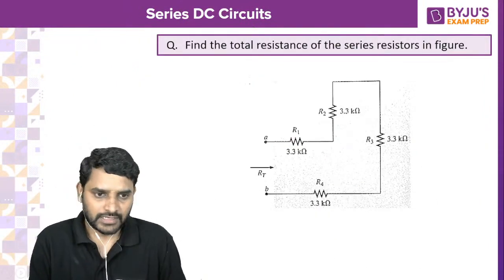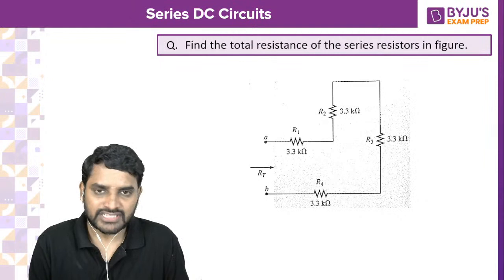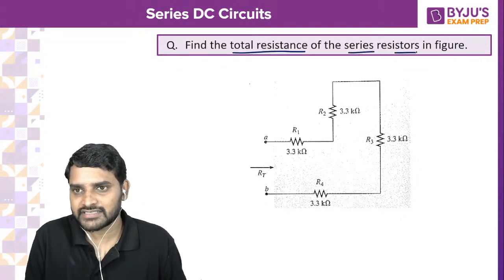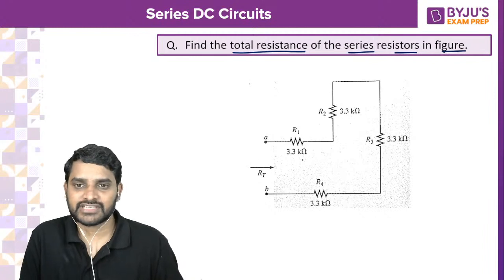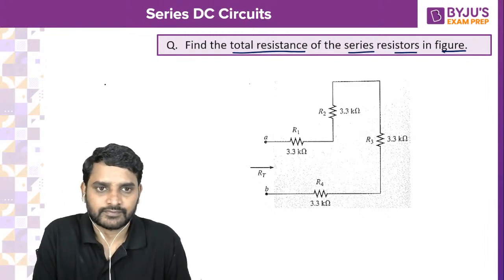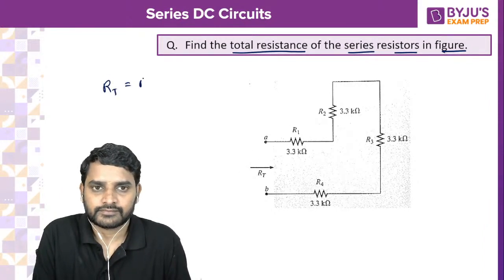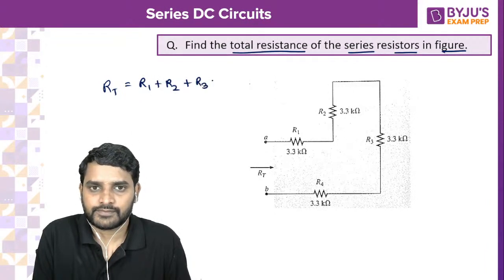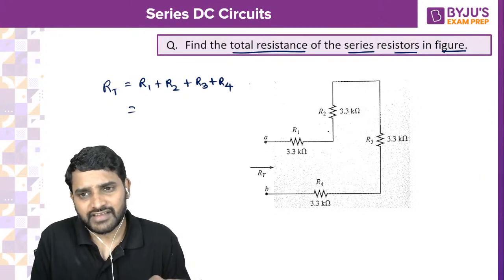Right. Now look into this one. Can you tell me the answer for this one? Find the total resistance of the series resistors in the figure. There are 4 resistors and the 4 resistor values are the same.